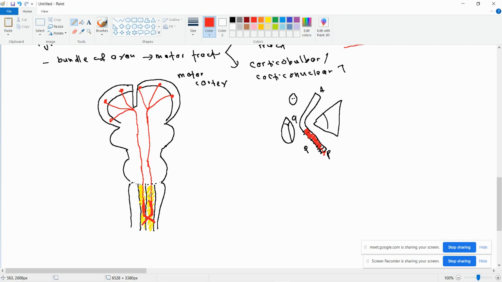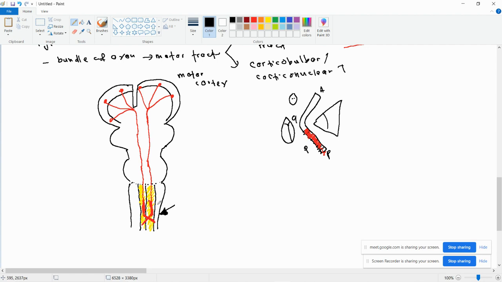What you can see here, class, what is weird about this structure, class? This fiber at the lower end of the medulla within the pyramids, what will it do? The cross.